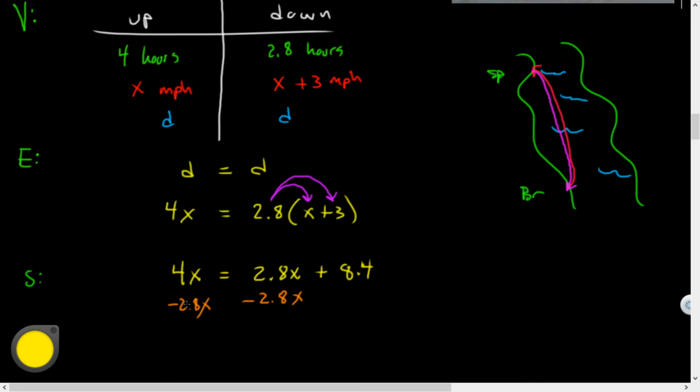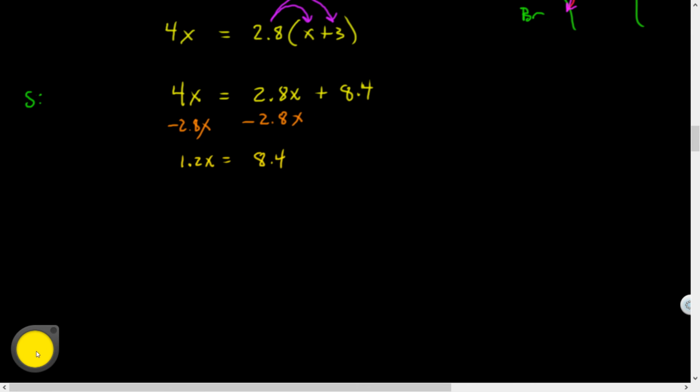Well, I like it. 1.2x with the arithmetic equals 8.4. And now how do I solve for x? It's being multiplied. So divide both sides by 1.2 is the order we'd say that in.